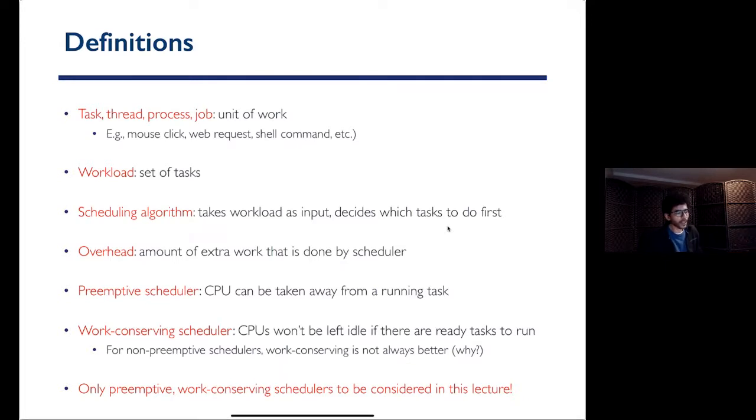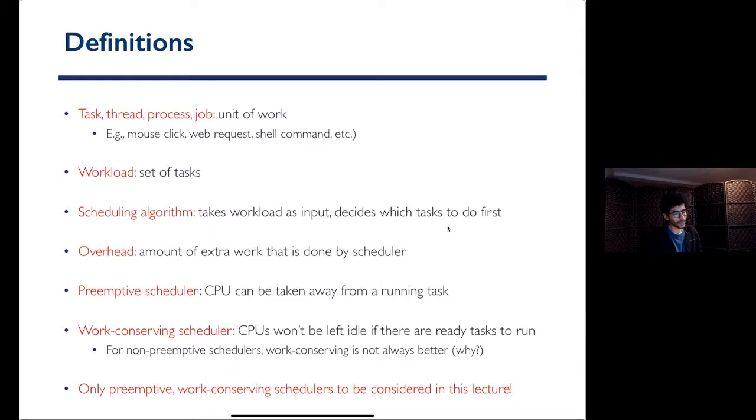Whatever unit of work your system has, I'm going to take that as a unit of work, and just talk about the mathematical problem of scheduling. So I'm going to use the words task, thread, and process interchangeably, and by that I just mean whatever can be scheduled.